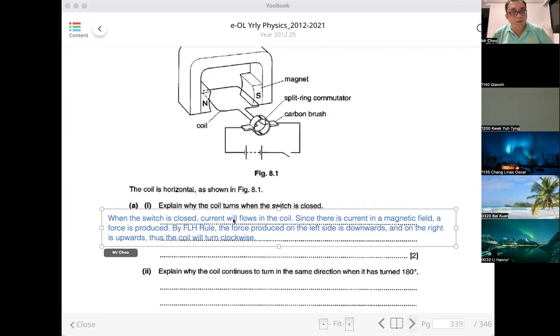Okay, Kwan, can you give me the answer for part one? Okay, thank you, Wei Kwan. All right, so now, after it turned 180 degrees, why does it continue to turn in the same direction? 2 marks.